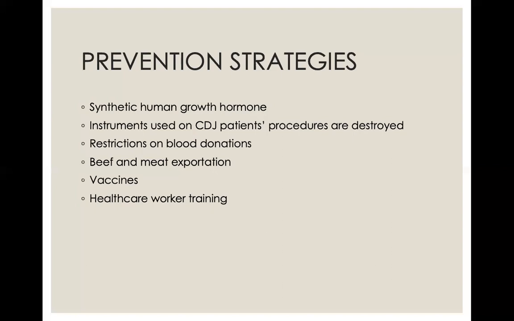People who are considered high risk are not allowed to donate blood, and high risk meaning those who have a relative with CJD, have had neural tissue grafts or growth hormone injections, went to Europe during the bovine spongiform encephalopathy outbreak.